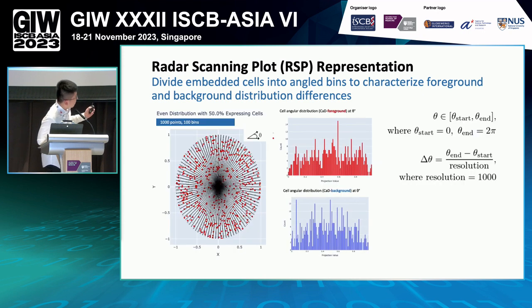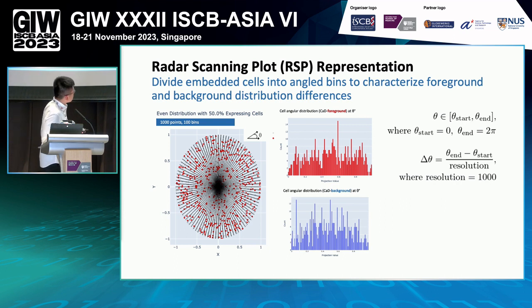Then we introduce the idea that we divide these cells into angled bins, and then we characterize them into foreground and background distributions, and then finally we calculate the difference.